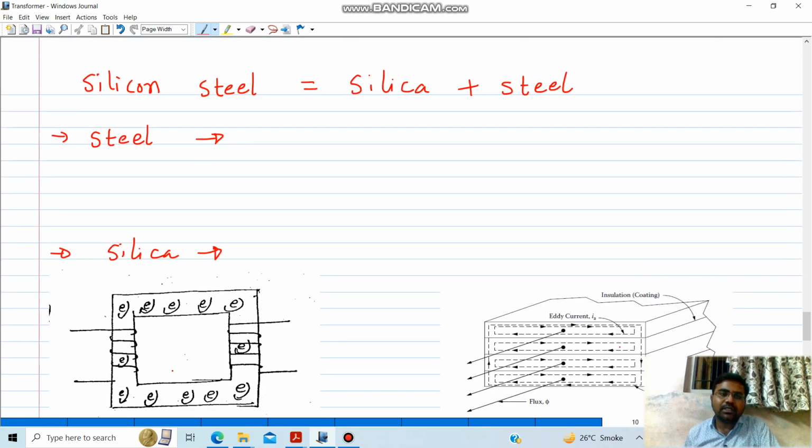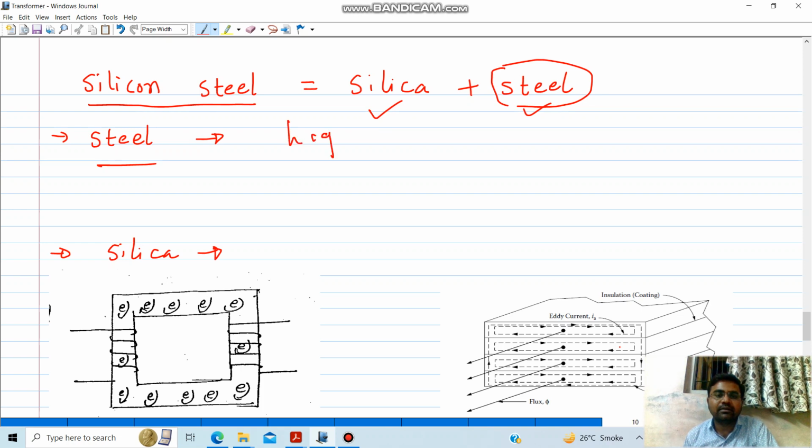Now silicon steel is mainly made of two materials, one is silica and the other is steel. You might have the question of why people are not using only steel. Steel of course has two things. One is high permeability, so it allows more flux to pass through it, but at the same time it also has high conductivity.